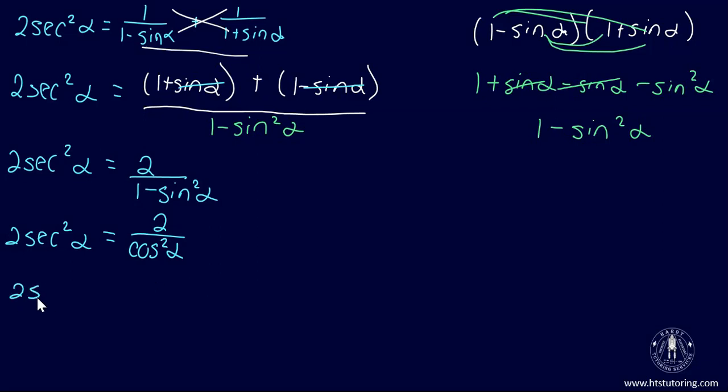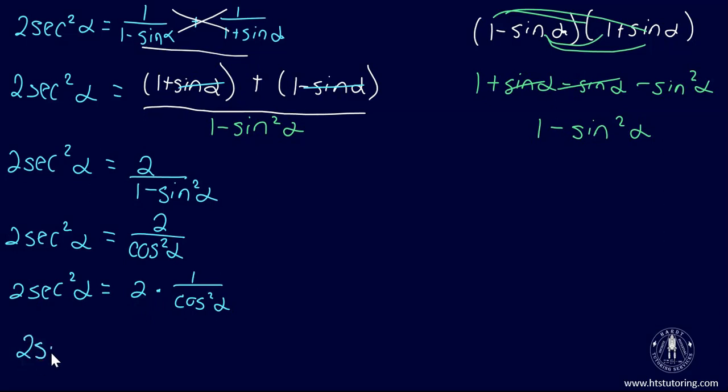So now I have 2 secant squared alpha equals 2 times 1 over cosine squared alpha. I just broke up this fraction. Just remember, if I do 2 over 1 and recombine it, I'd have 2 times 1 over cosine squared alpha. Again, a lot of fraction rules with these.